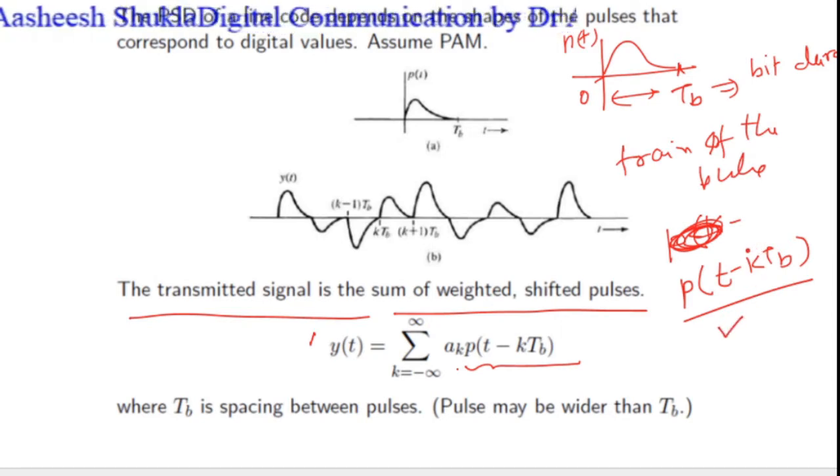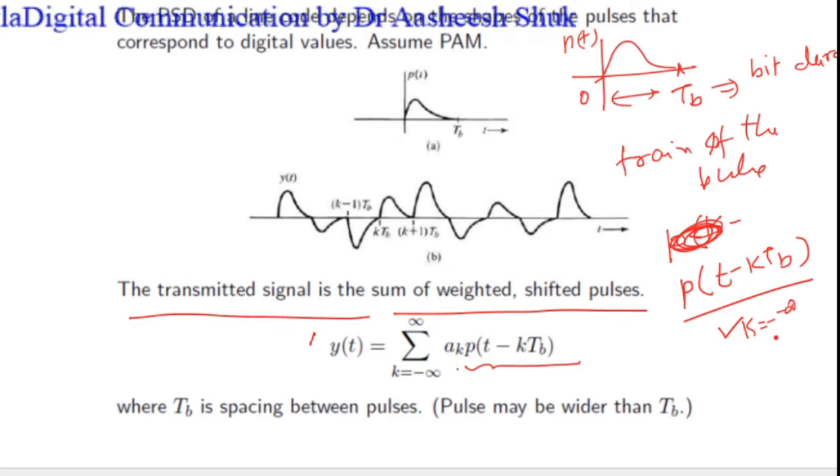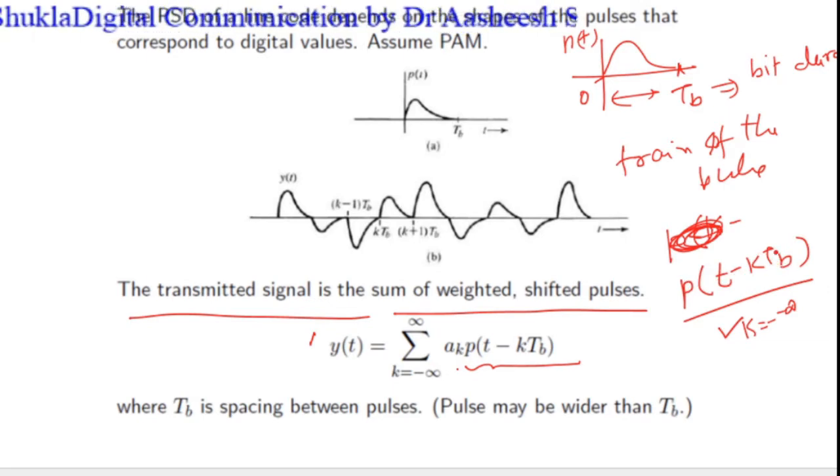Why? Because we can vary this constant k, from minus infinity to plus infinity. For example, if k is equal to 0, this pulse is p(t). If k is equal to 1, this pulse will be p(t minus Tb). If k is equal to 2, the pulse will be p(t minus 2Tb). And if we add all these pulses, we get this kind of pulse train.